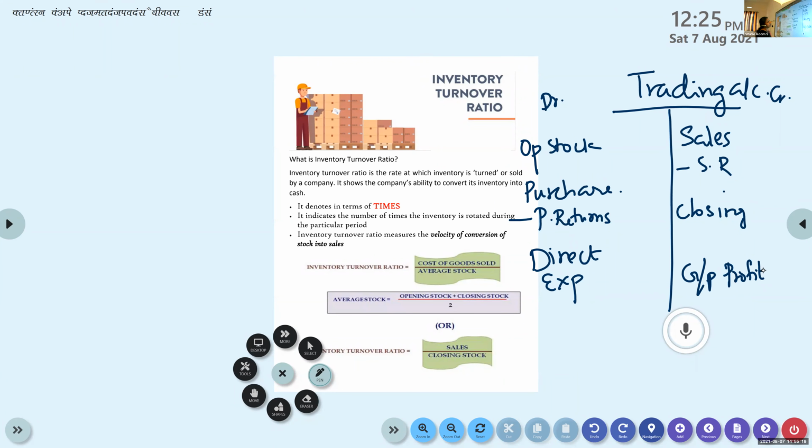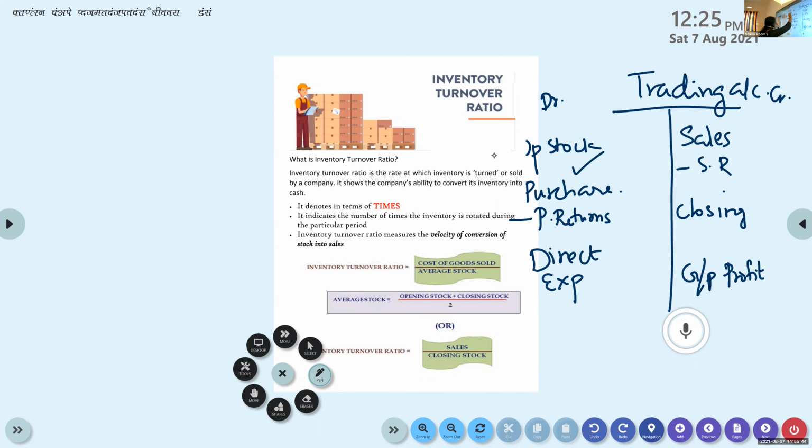So depending upon the items on the debit side, how to find COGS? It is equal to opening stock plus purchases. Purchases means purchase minus purchase returns, net purchase, plus direct expenses minus closing stock.